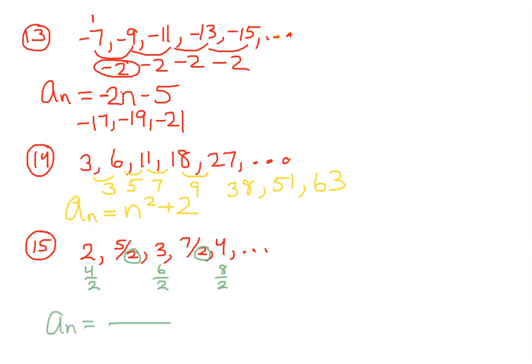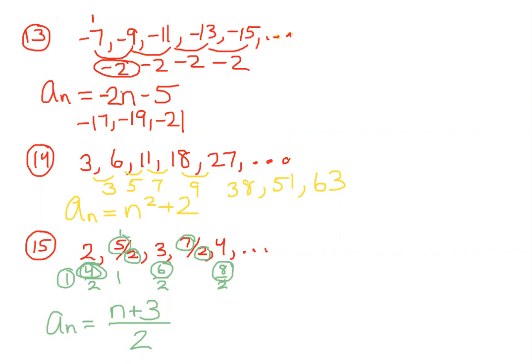We could just put a 2 on the bottom. And what can we do to the top? The difference between all of these numerators, 4, 5, 6, 7, 8, is just 1. So I'm going to take n and add 3, because if n is 1 for this first term, and I need it to be a 4, I need to add 3.